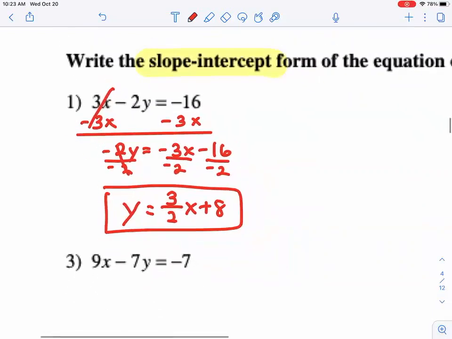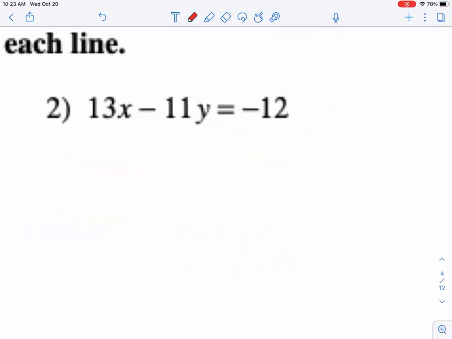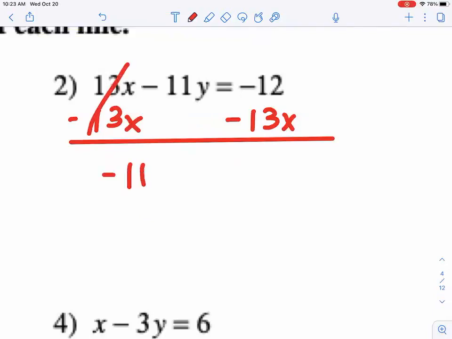All right, problem number 2, we have not done this one, so let's do problem number 2 together. Again, I want to get y by itself, so I'm going to move that 13x over by subtracting 13x from both sides. So we have negative 11y is equal to negative 13x minus 12.